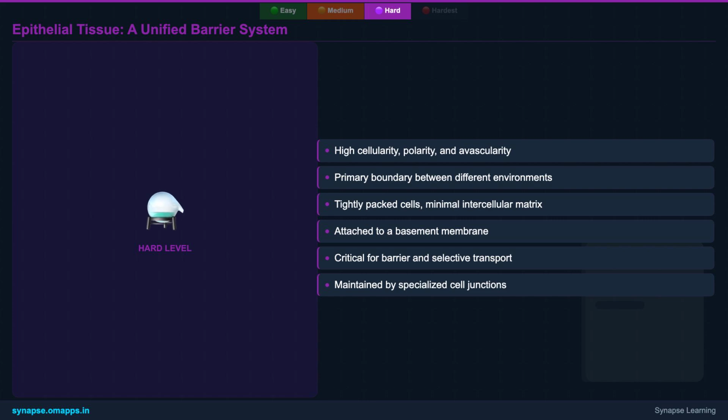The tightly packed nature isn't just about cells being close, it's maintained by specialized structures called cell junctions. These junctions are like molecular glue and seals, ensuring tissue integrity and regulating what passes between cells, which is crucial for their barrier and selective transport roles.